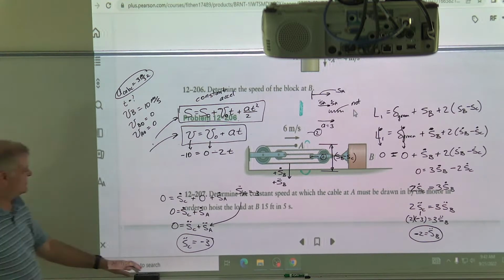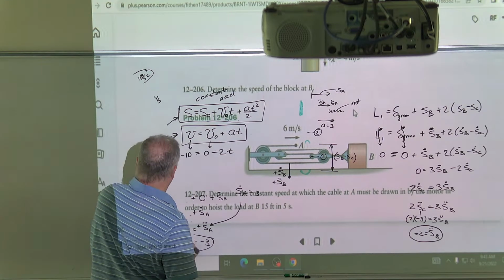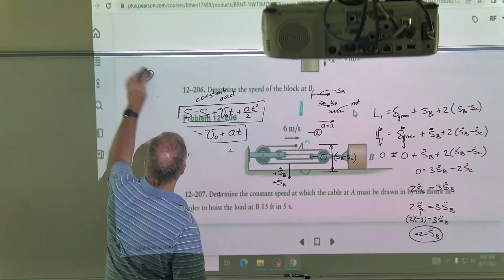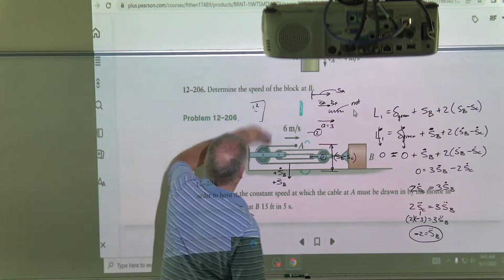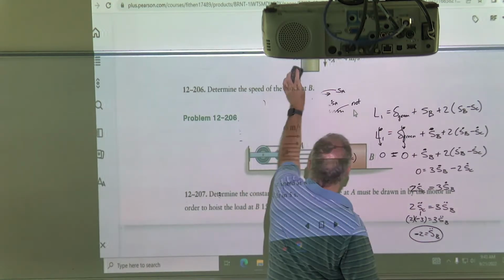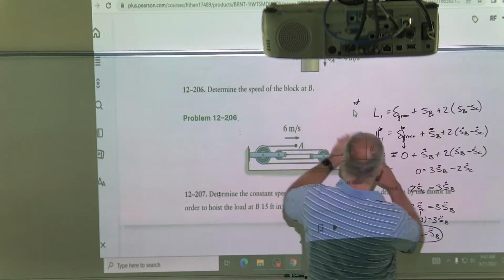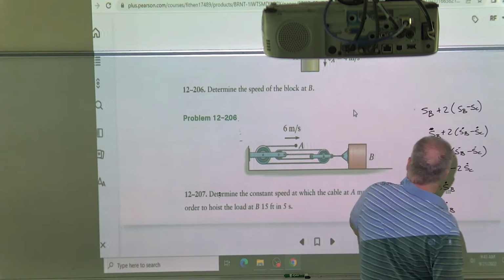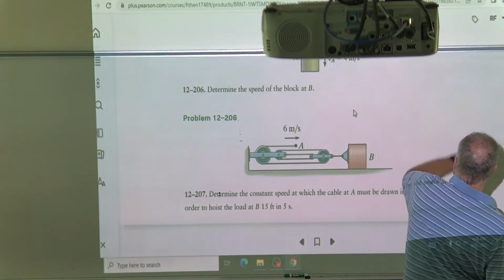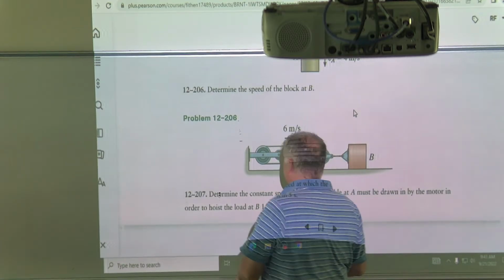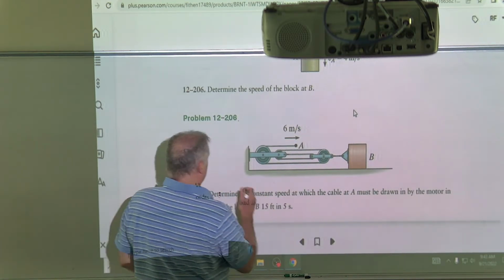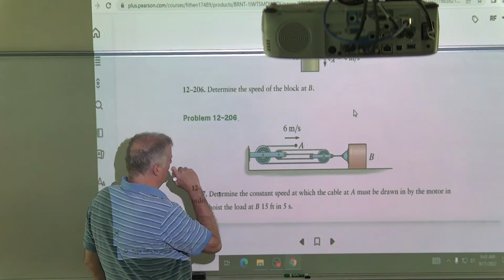Okay, so let me get all this stuff off, all the extra writing off. And block B, this block over here. So your first thing, well, first we've identified I only have one rope, so I don't really care.